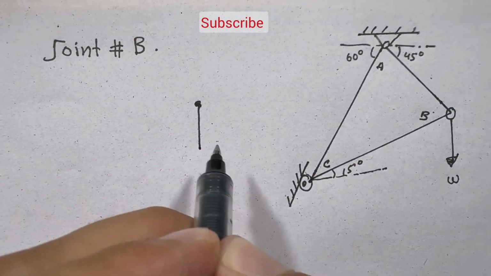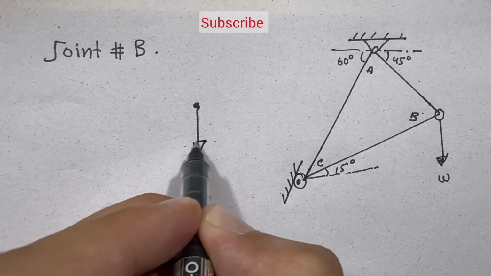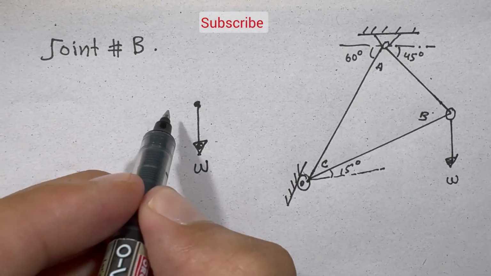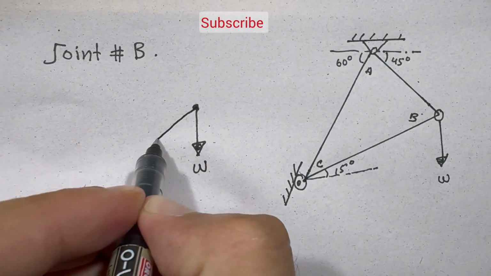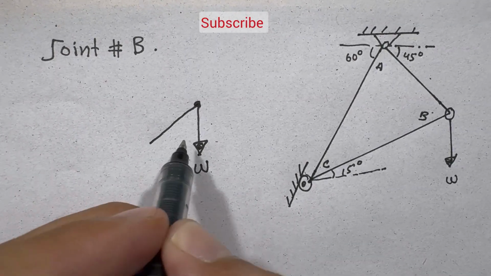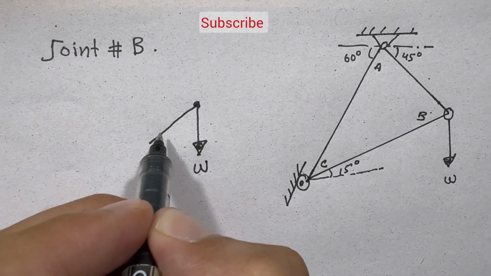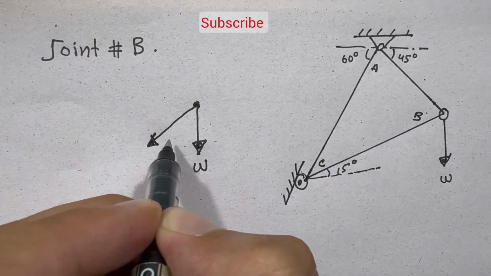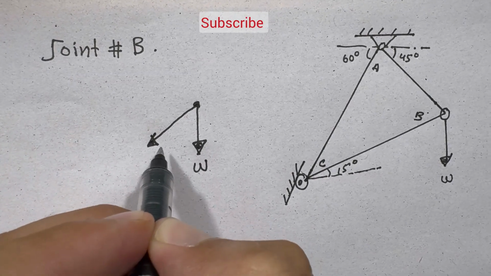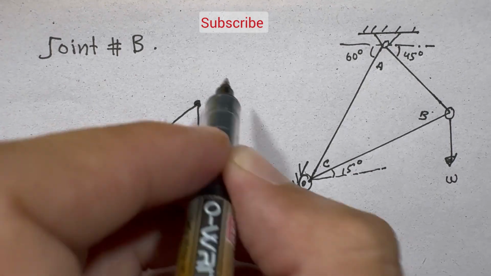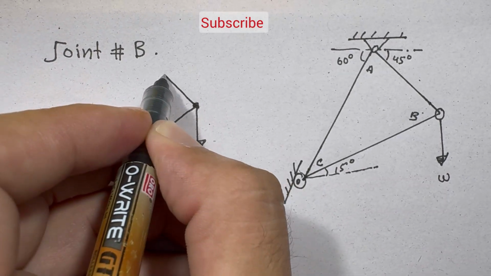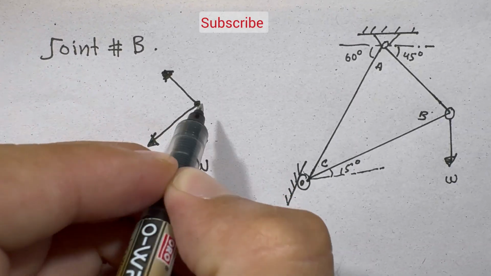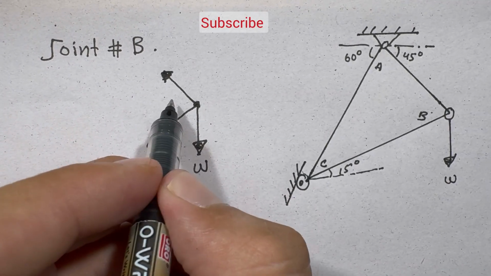One is the load force, exerted vertically downward, and the other is at an angle of 15 degrees. I assume that this force is a tension, and this one is at 45 degrees with the x-axis, and I also assume that it is in tension.